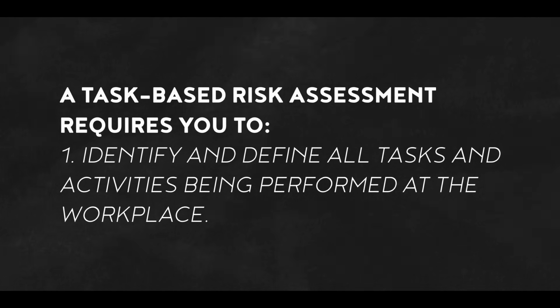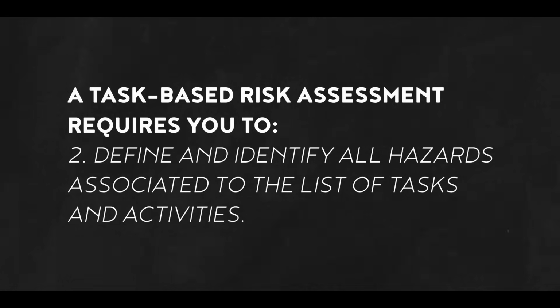A task-based risk assessment requires you to, first of all, identify and define all tasks and activities that are being performed at the workplace. Secondly, to define and identify all hazards associated with the list of tasks and activities that you've created.